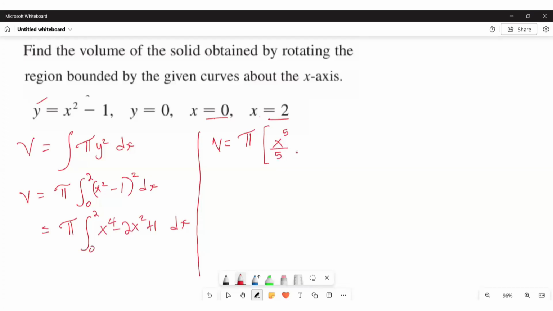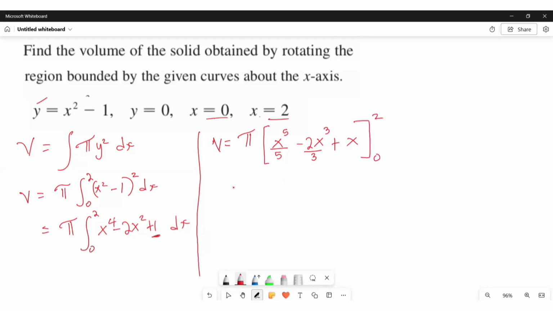And then we have negative 2x to the second. We're going to add 1 to it, making it 3, and then we divide by that new power. The integral of a constant, which is 1, will just become x, okay? And then we're taking this from 0 all the way to 2.